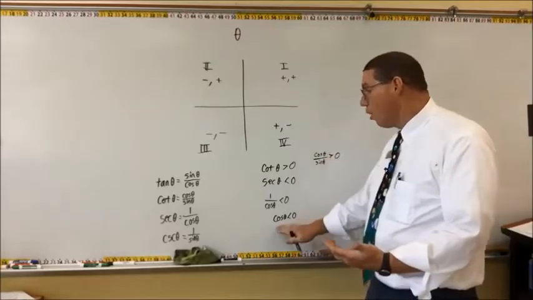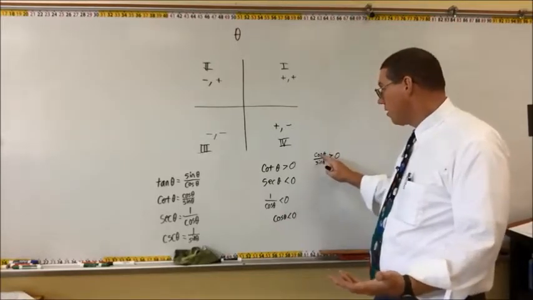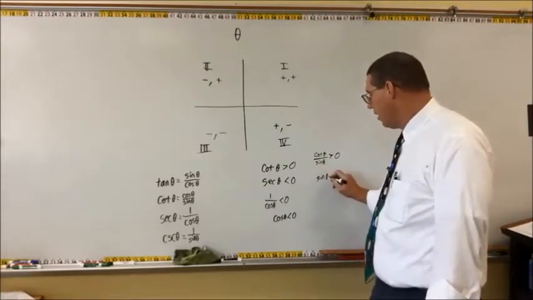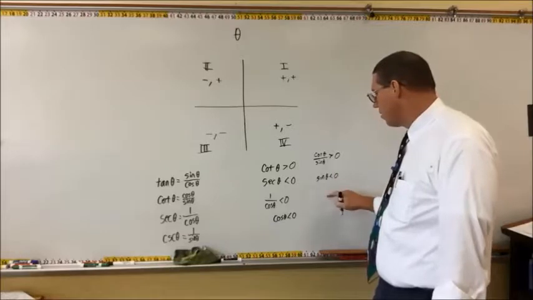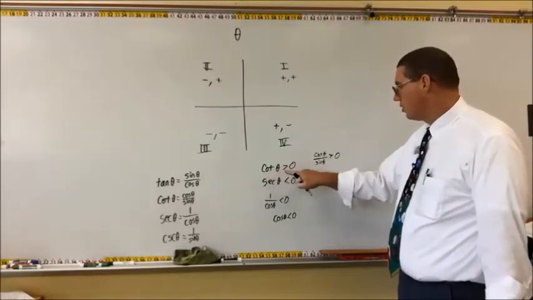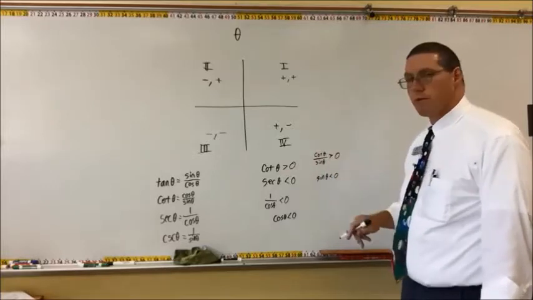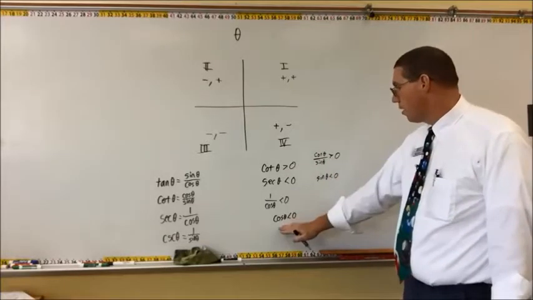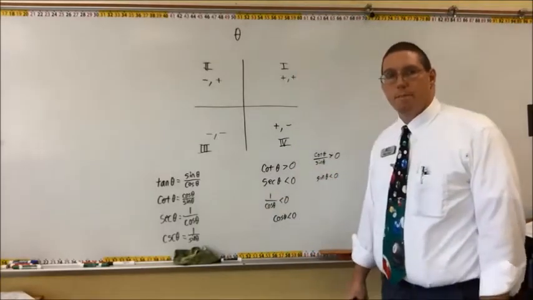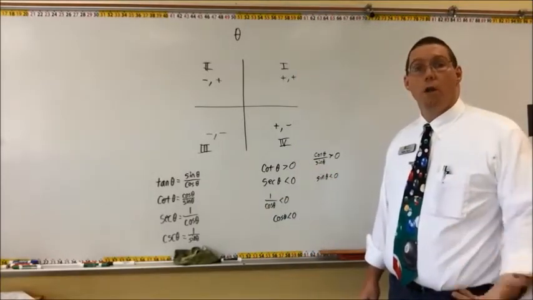But we already know that cosine is negative. So if cosine is negative, that must mean that sine is also negative. Sine of theta must be less than 0 in order to make cotangent positive. So sine and cosine are both negative, which means that the answer to this one is quadrant 3.